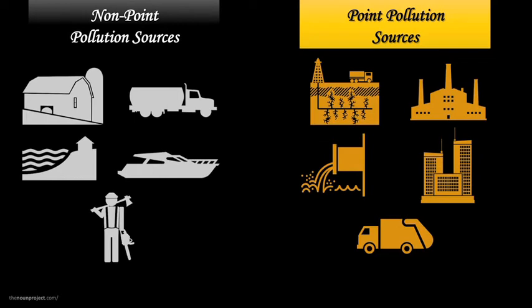And this can include urban runoff, effluent discharge from sewers and pipes, and other such things. And then non-point pollution sources are pollution that you cannot track back to a specific place. And this includes fertilizers and pesticides from farms, erosion from riverbanks, recreational boating, and all that other stuff.